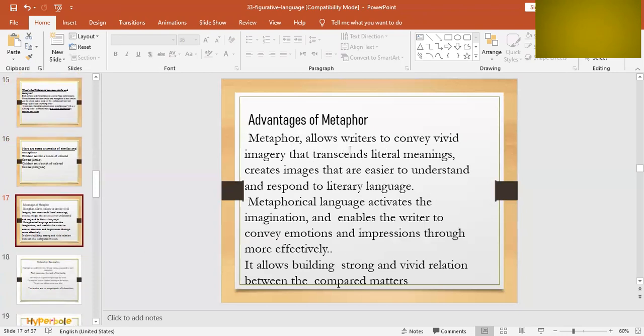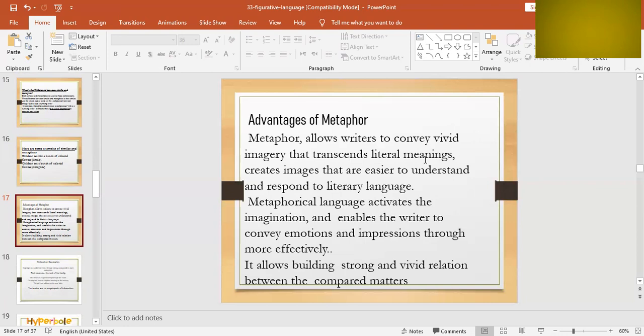Advantages of metaphor. It has an advantage for writers and for readers. Metaphor allows writers to convey vivid imagery that transcends literal meaning, creates images that are easier to understand and responds to literary language.